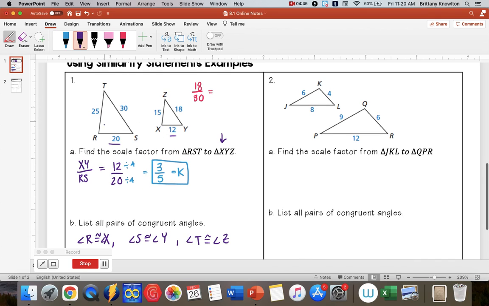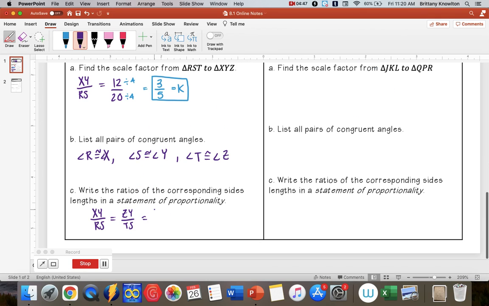And then XZ and RT. Important thing when writing this is all from one triangle, they need to be in the same position. So right now I have the second triangle, those side lengths are all on top. The first triangle, all those side lengths are on the bottom. It's okay if you flip this, but they just need to be consistent.